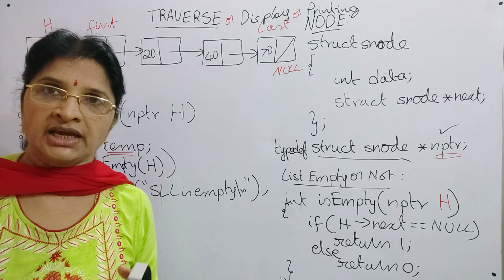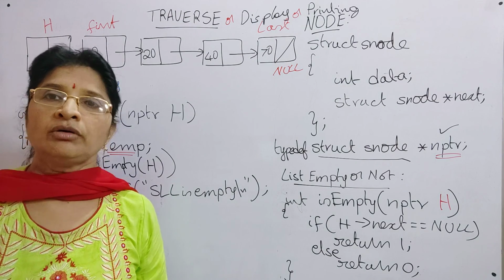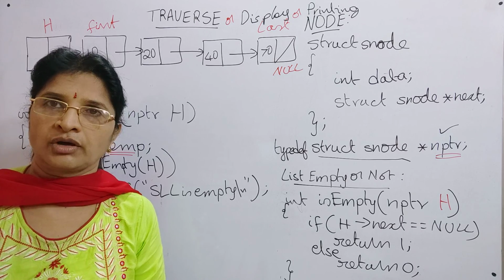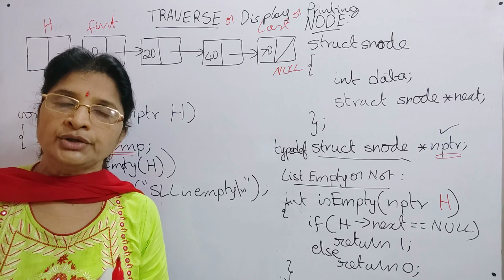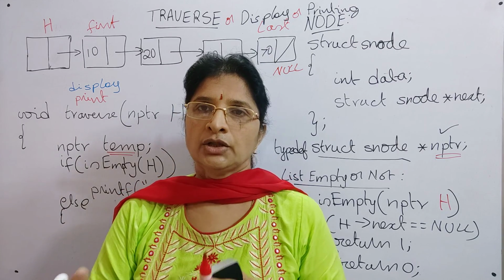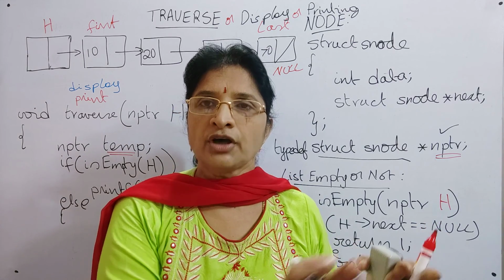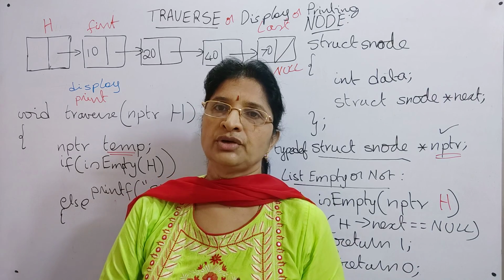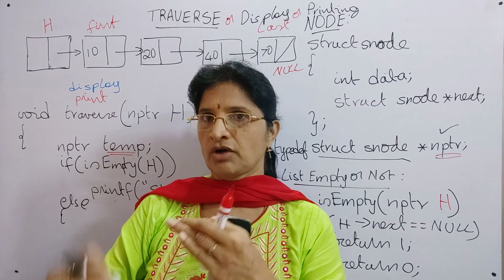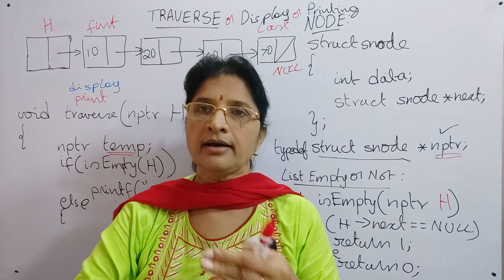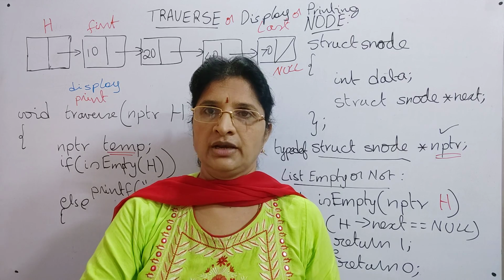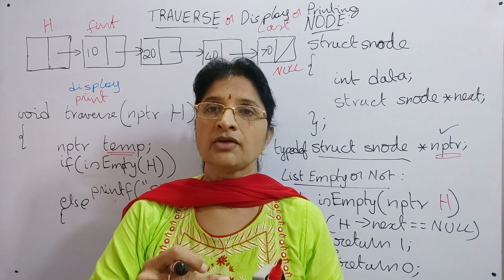Whenever you are working with a singly linked list, you should not change the value of the header node. If you want to traverse through the nodes of your list, starting from the beginning, you have to assign the address of your header node to another temporary variable, because we are working with pointers.